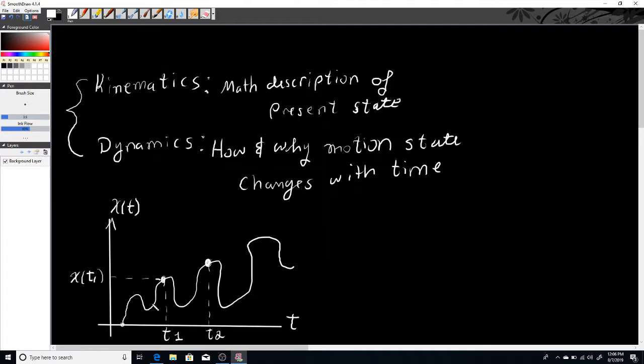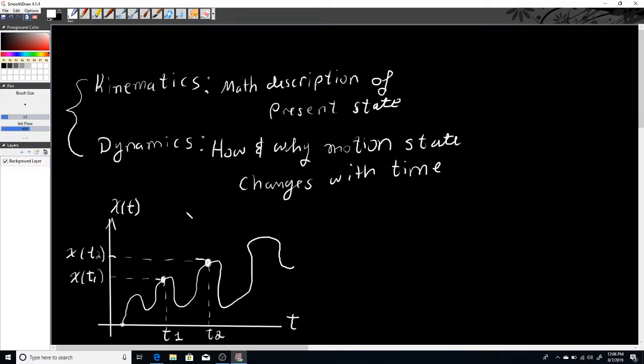The position at every particular point in this trajectory is a function of the time value that we're looking at. So this is x of t1, and this is x of t2. X at time 2 and x at time 1, right?